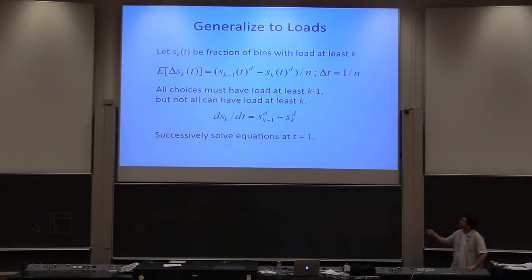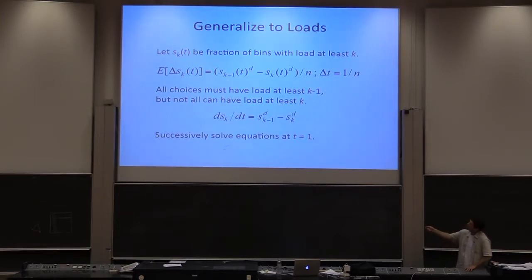On the other hand, this is overcounting slightly, because if all my bins have load at least k, then I'm not going to increase the number of bins with load at least k. I want at least one of my bins to have load exactly k minus 1.